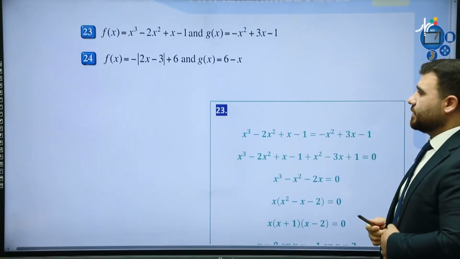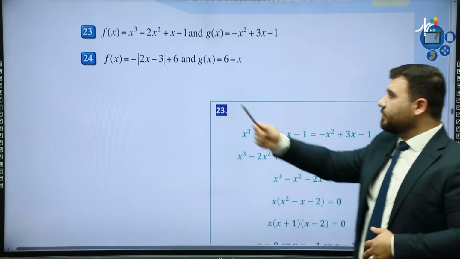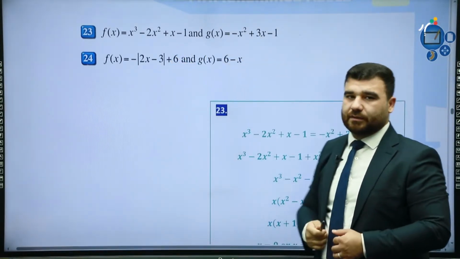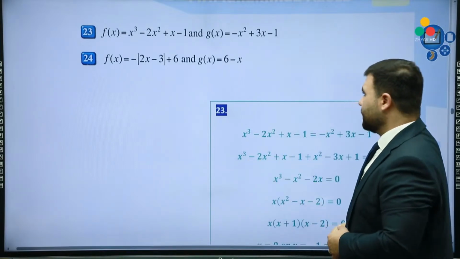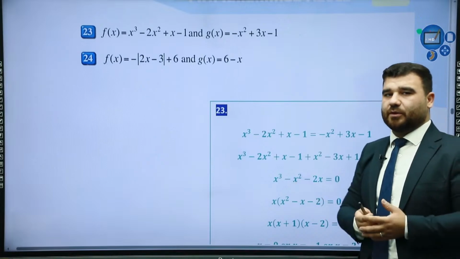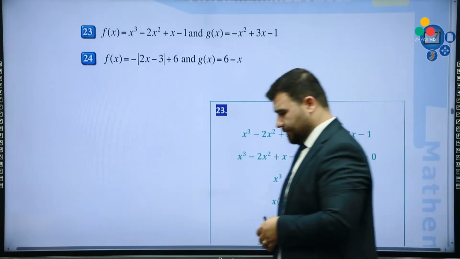We have more exercises from the book. Question 23, I have cubic and quadratic. Let's look at this. To find points of intersection between two graphs or between two functions, firstly we equate them.